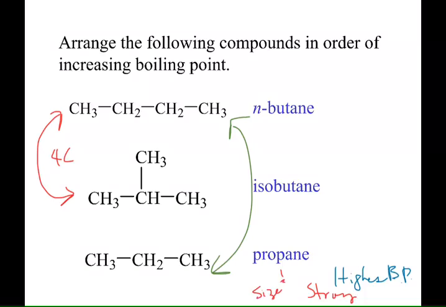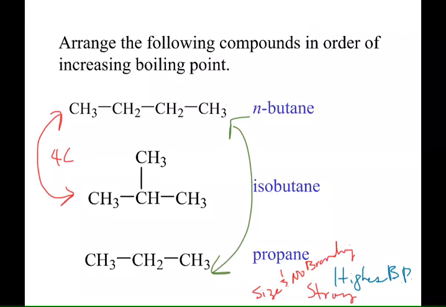Size and no branching. So which one do you think is going to be the highest boiling point temperature? No, it's going to be the N-butane. Why? It's bigger and there's no branching. Yep.